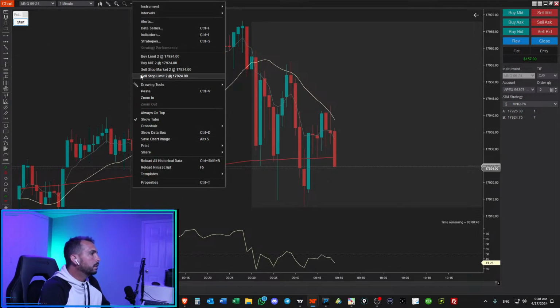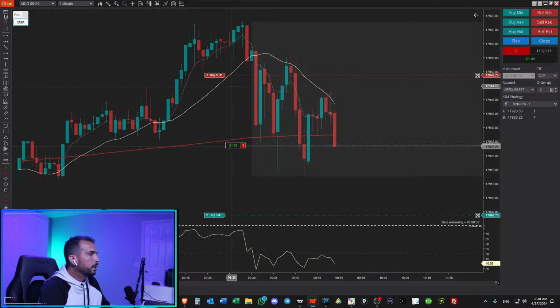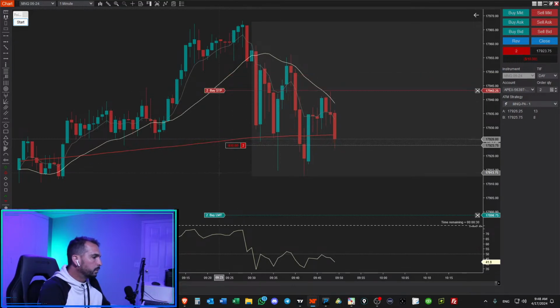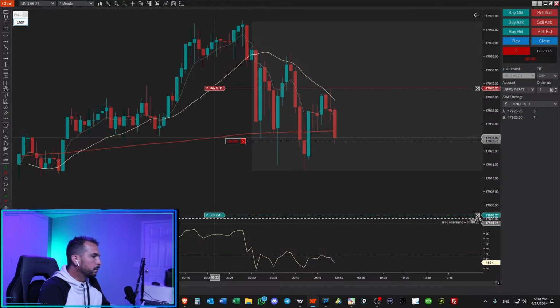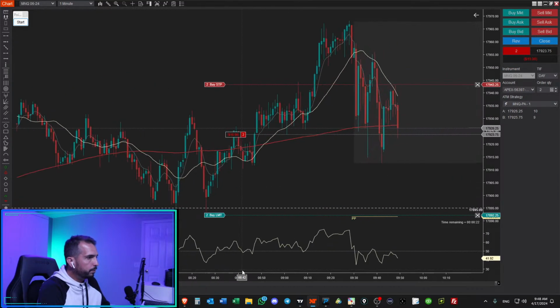Sell here. Stop's going to go up here, right? It's 1-to-1. Not looking for more, probably just looking for the pivot point, but we'll take one here.